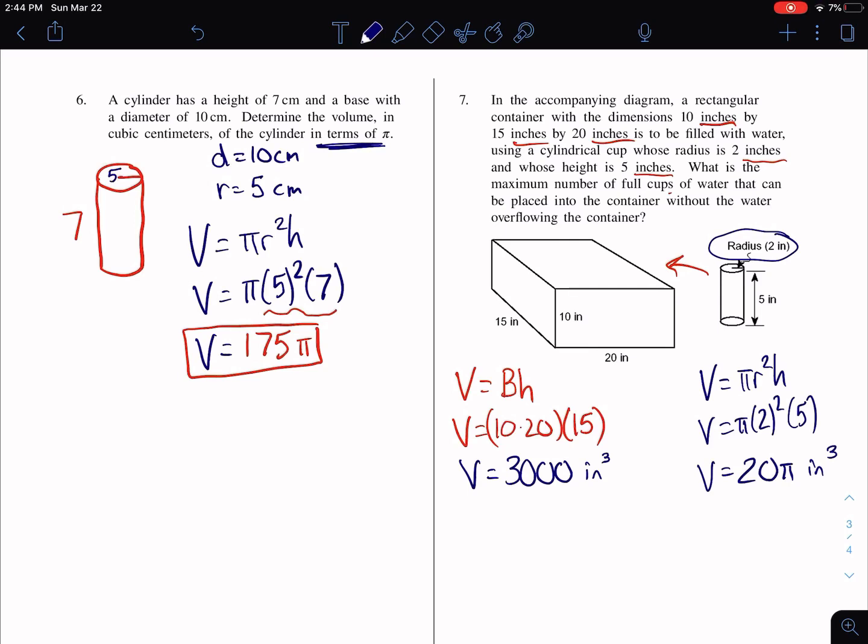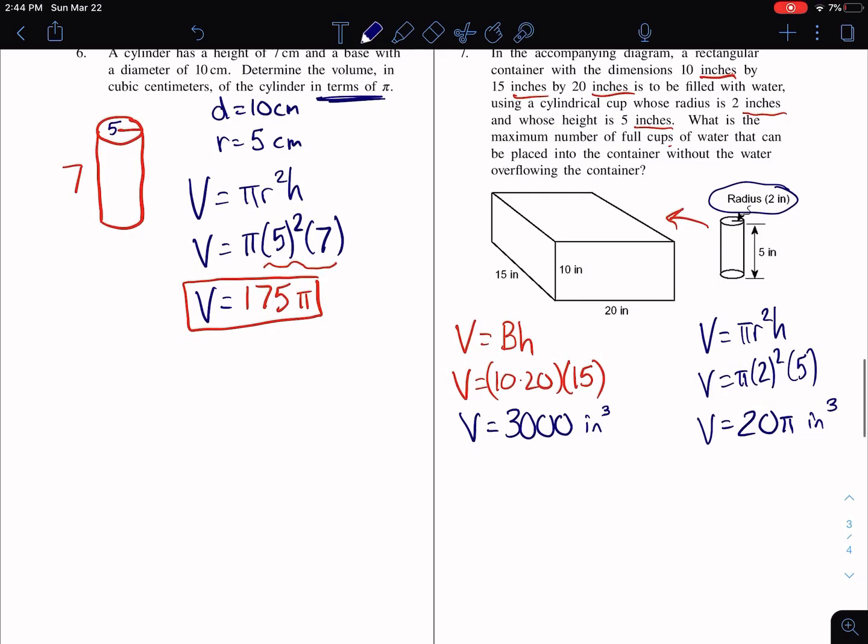Okay, and what I'm going to do now is I want to know how many full cups. So no half cups, no decimals here, but what I'm going to do is I'm going to round. So I'm going to take 3,000 and I'm going to divide by 20 pi. Okay, and we're going to see what we get. So again, something that you can easily plug into your calculator.